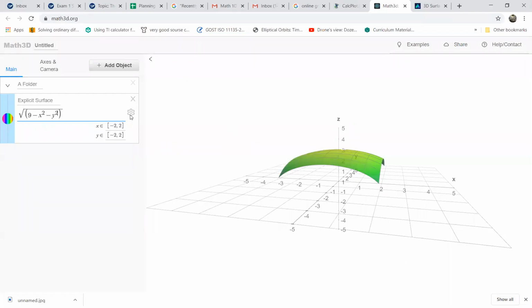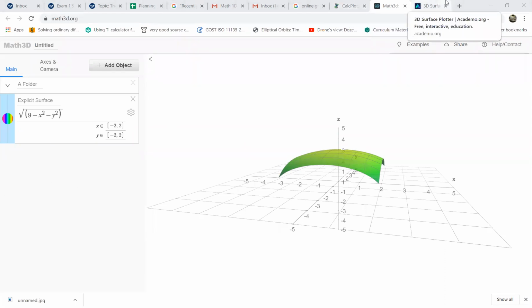For example, you can use this website. Let me share the link with you. Yes, Mathematica is one of them. Yeah, very good. They have a lot of different websites or software to visualize functions. So this is one of them.